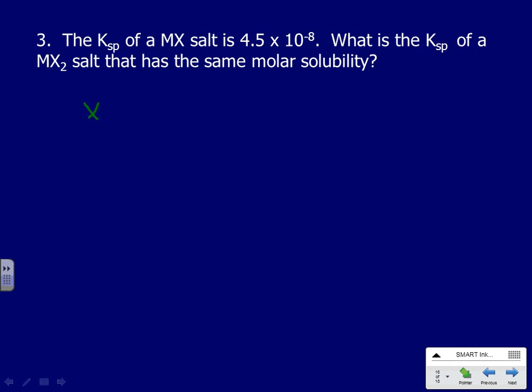So x is equal to, for an MX, I think it's what? It's just root Ksp, isn't it? Do a quick estimation in your mind, the root of 10 to the negative 8, so that you know you're on the right track.